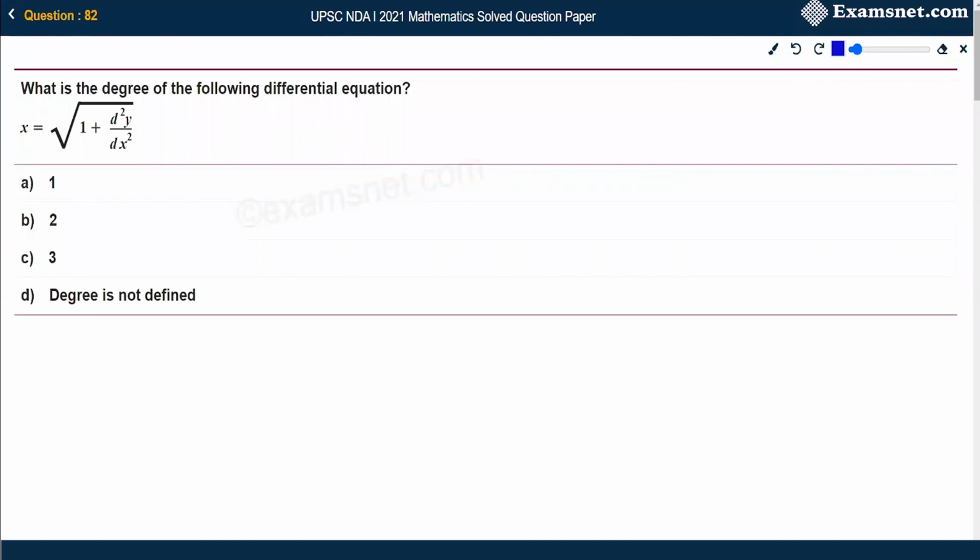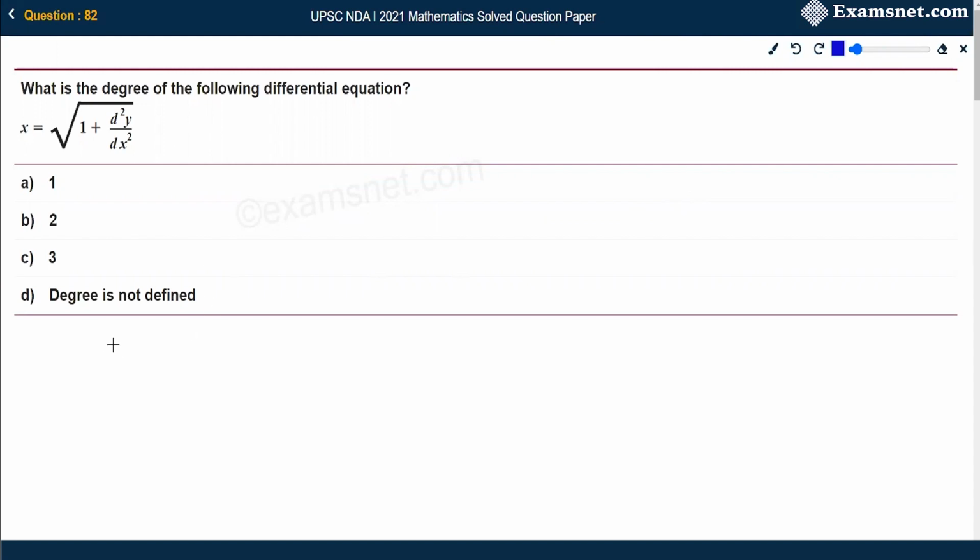In question number 82, it is given that what is the degree of the following differential equation? Now let's talk about degree and order of a differential equation first. That is, order of a differential equation is the highest order of derivative.